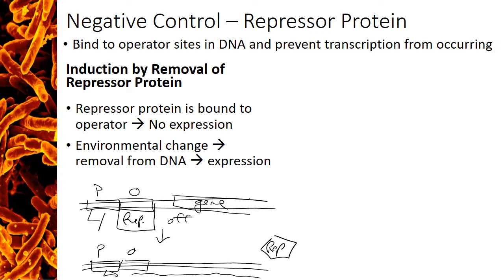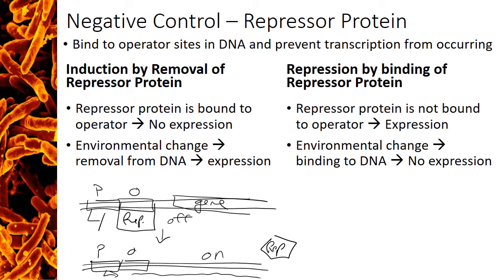So the repressor protein was bound, and then it comes off, which allows our gene to go from off to now being on. Typically, the control of the binding to the DNA or not is due to the binding of a ligand to the protein itself, which we'll see in a few slides when we walk through a specific example of regulation with the lac operon.